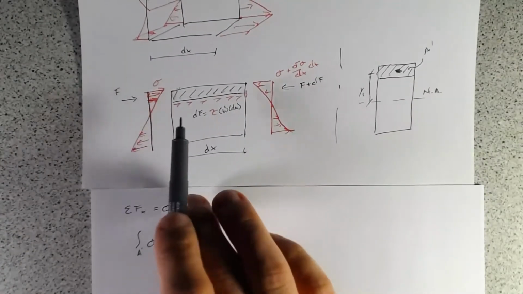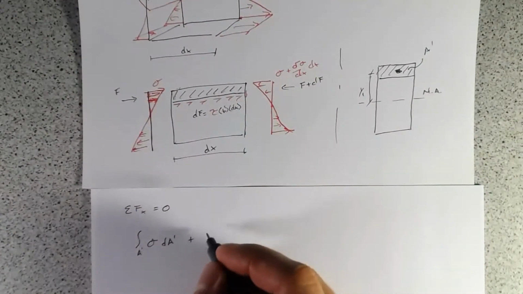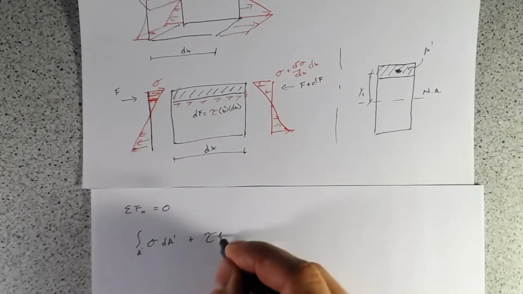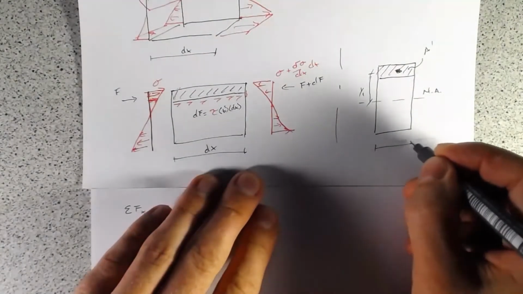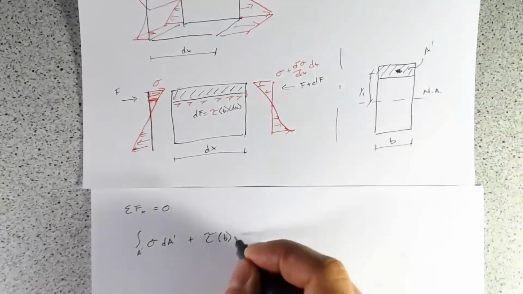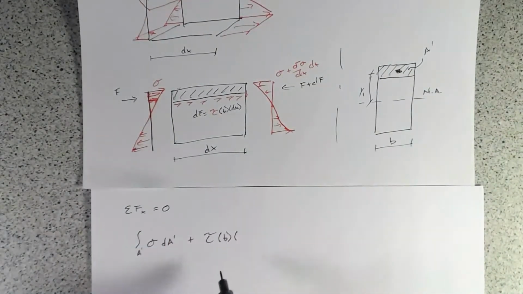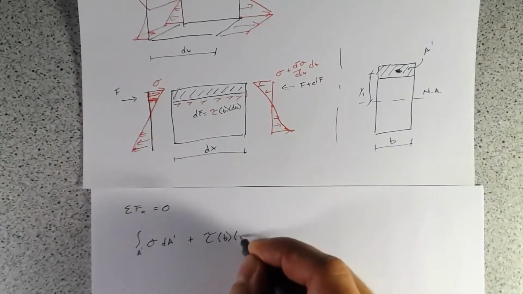Plus, then we have our shear stress. So that's going to be shear stress tau times the width of the section B times the length. So this is our area, so that's dx.